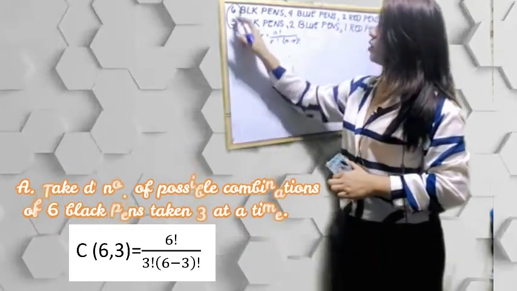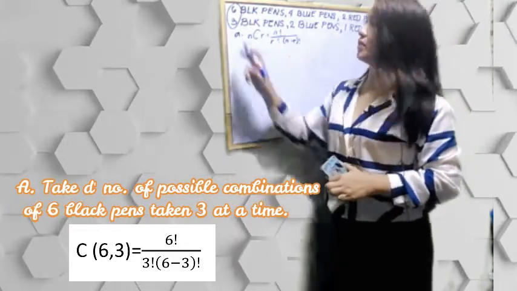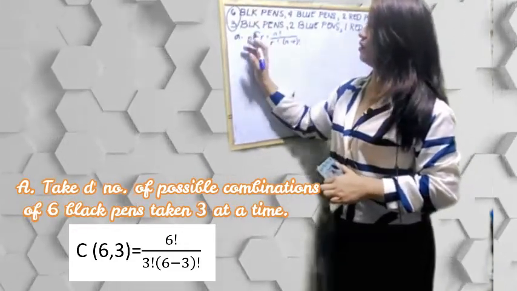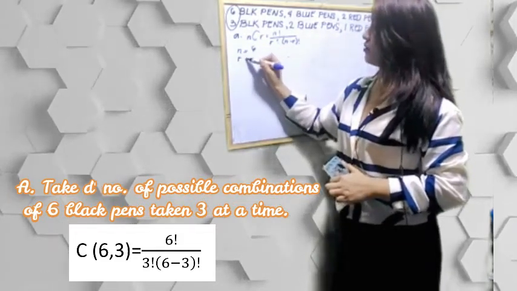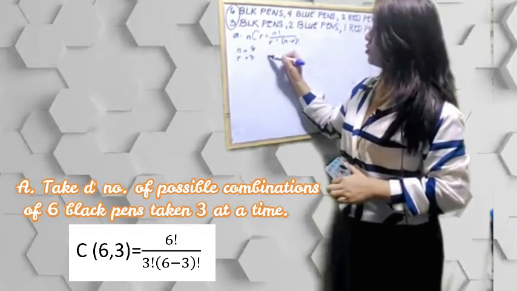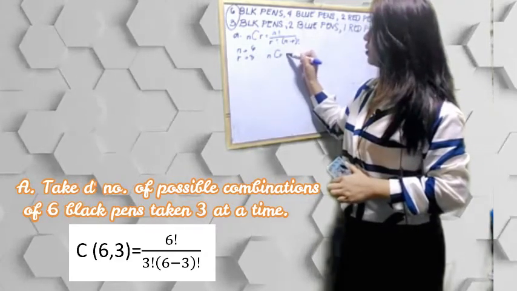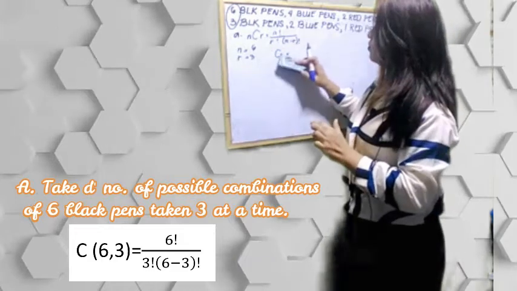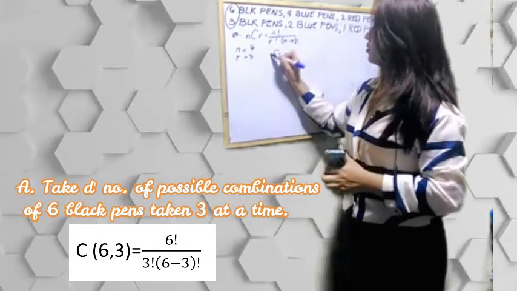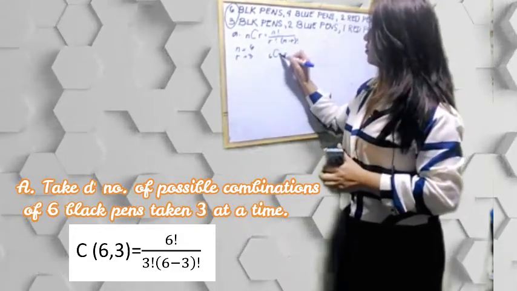What is your n? We have a total of 6 black pens. We will be talking only about black. So your n is 6, your r is 3. So let's substitute the values. We'll change this into 6 black pens taking 3 at a time.